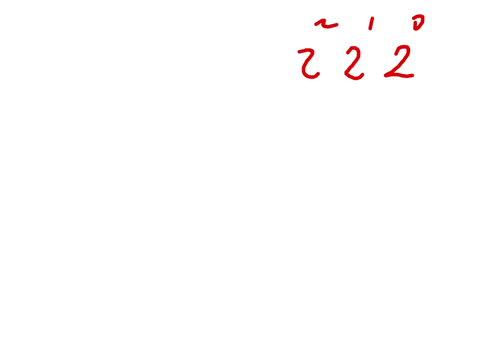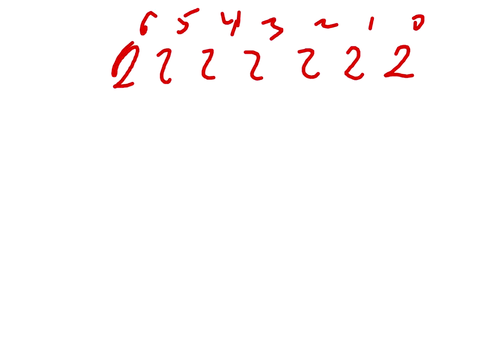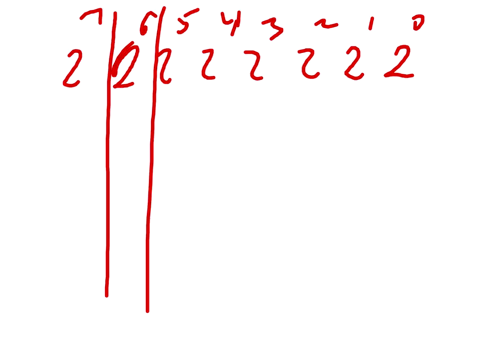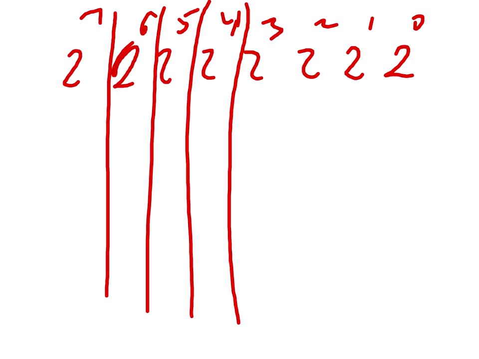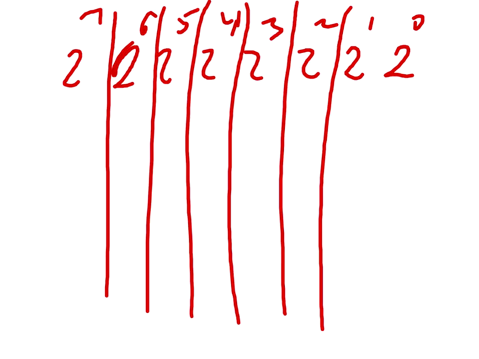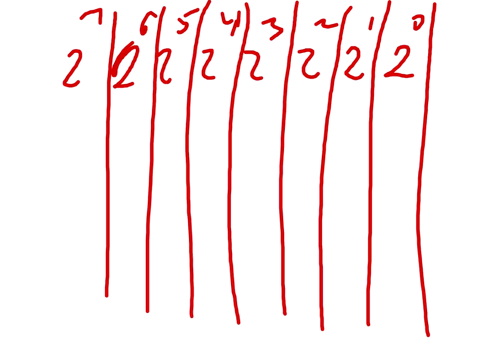That is 2 to the 0, 2 to the first, 2 squared, 2 cubed, 2 to the 4th power, 2 to the 5th, 2 to the 6th, and 2 to the 7th. So these are the placements for each one of the bits within a binary value.